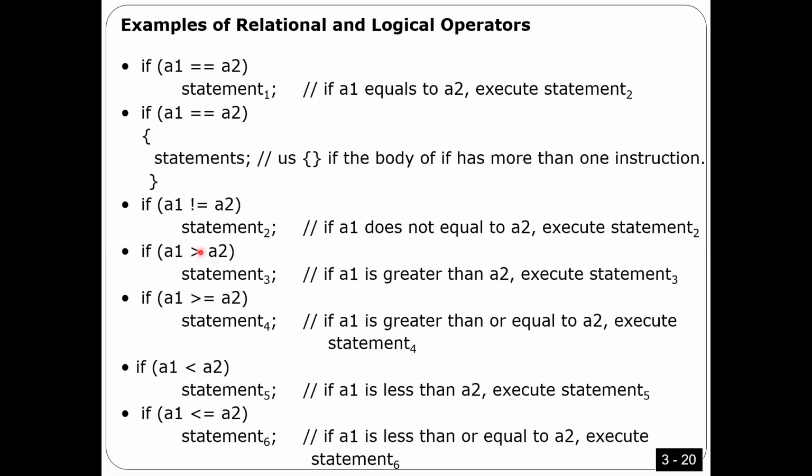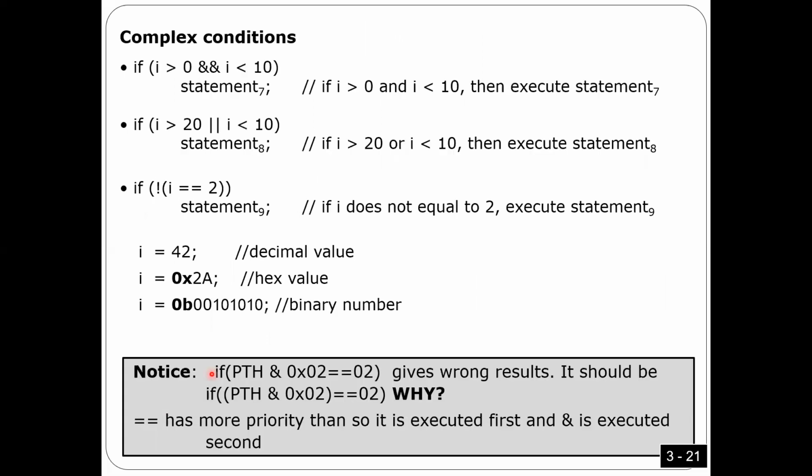Same thing. If E1 is greater than E2, if E1 is greater than or equal E2, if E1 is less than E2, if E1 is less than or equal E2, right? Now, this is what I told you guys, a complex condition. What does this mean? I'm going to tell you. For example, if you look here, guys, now I have two conditions.